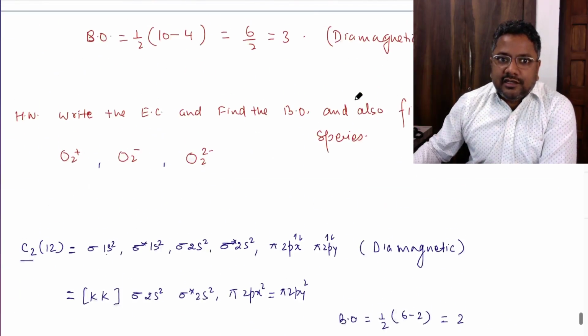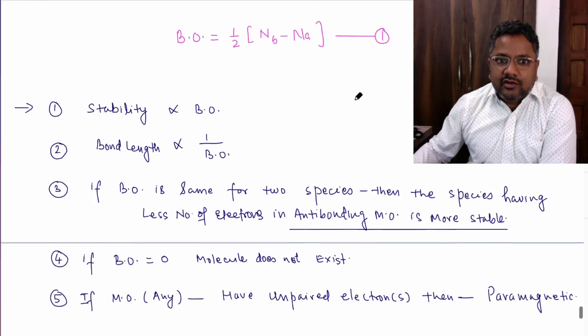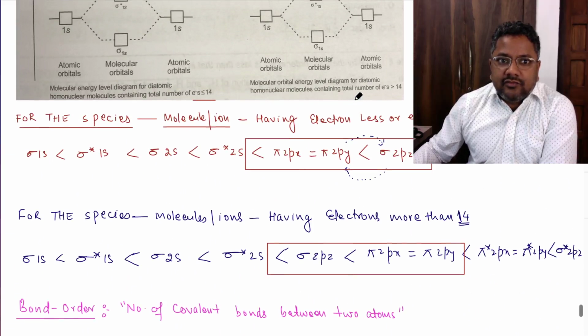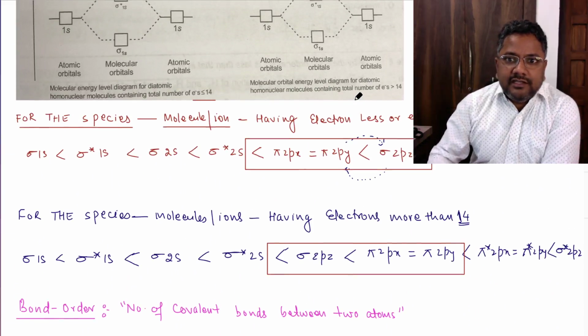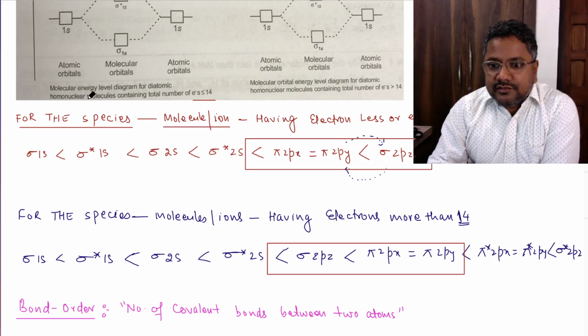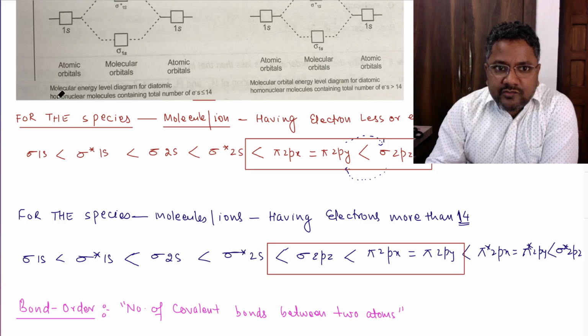So this order we have here is always applicable for homoatomic molecules. See here, it is clearly written homonuclear molecules. If you have copied this figure as it is in your notebook, then definitely you have copied this also.